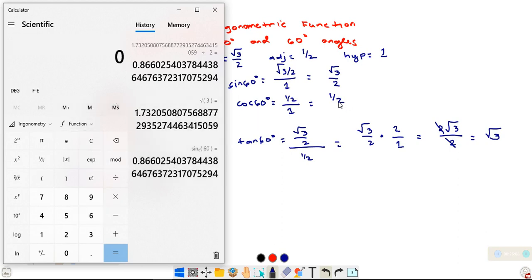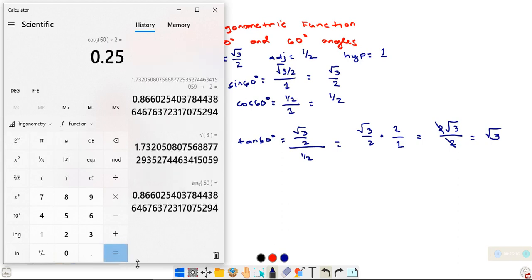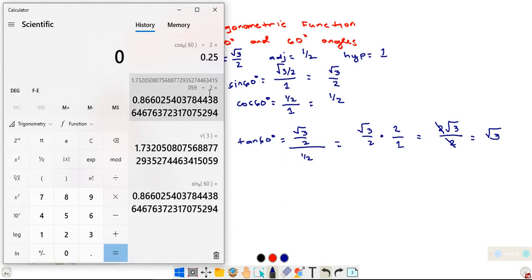It should be 1/2, so what comes out should be 0.5. So, 60 cosine, you will end up with 0.5. Now, let's move forward with tangent 60. What should come out is just square root of 3. Why did it divide by 2?